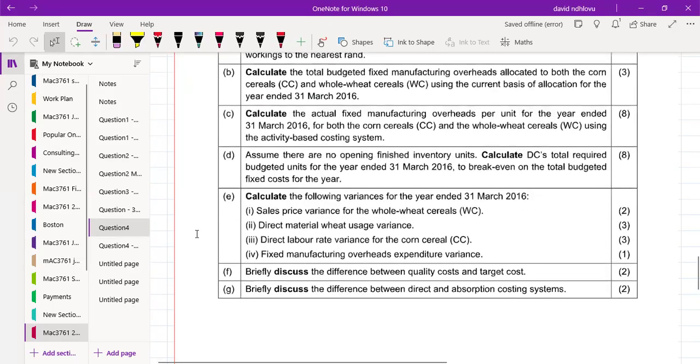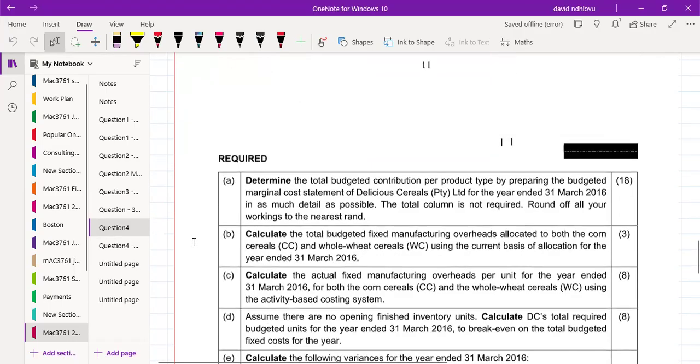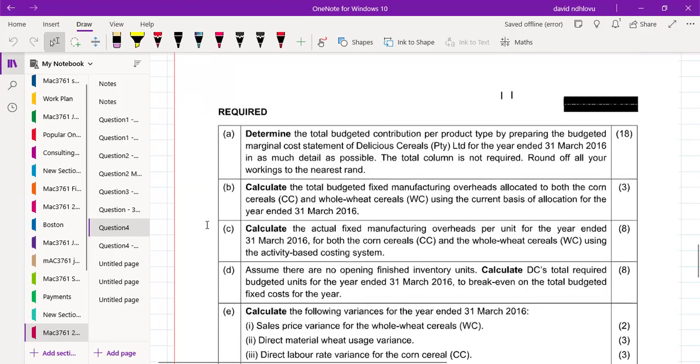When you go to the requirement, they are asking you about direct and indirect costing, standard costing, ABC costing, and in between there is also some pricing. This is how a typical question looks, but you'll see it doesn't change a thing. You are still going to apply exactly how we did the previous question, maybe with more details instead.